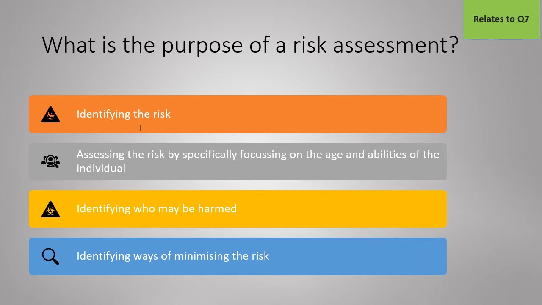Once babies start crawling, they start investigating, so you need to put safety gates up, making sure that there are no trailing wires where a child could pull and then pull something on top of them. So it's important that you focus on the age and ability of those individuals that are going to be in that room, in that setting, or that you're going to be working with. You need to identify who may be harmed, and then you also need to identify how you can minimize the risk.